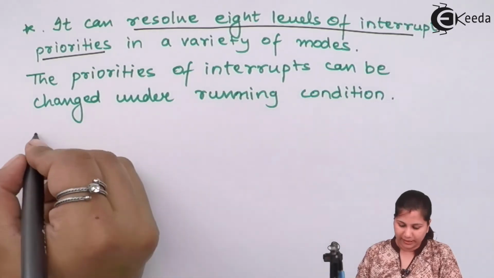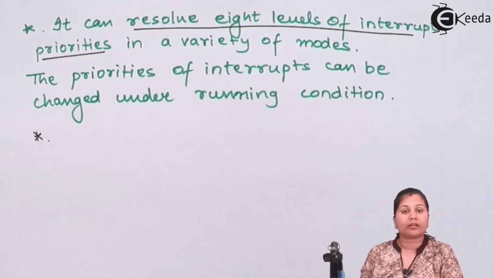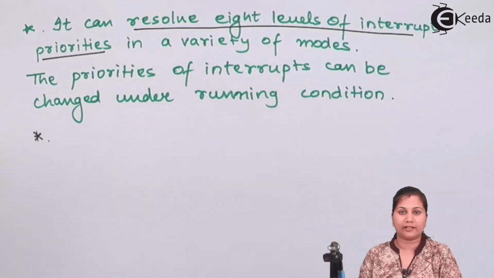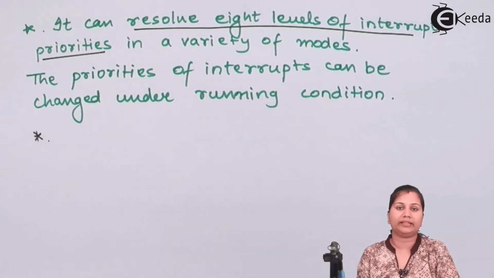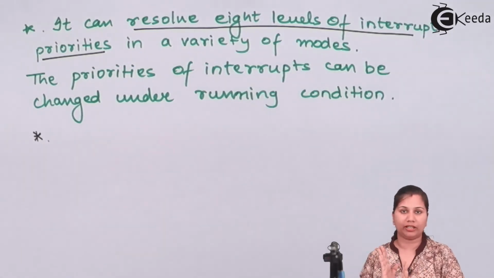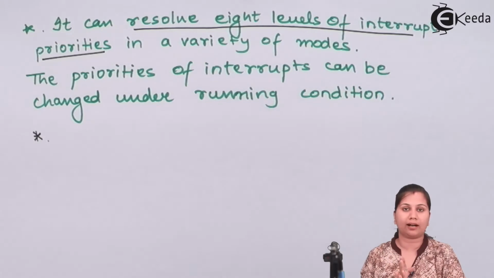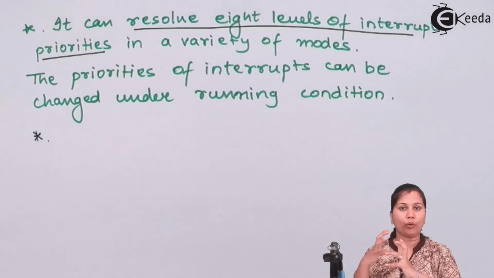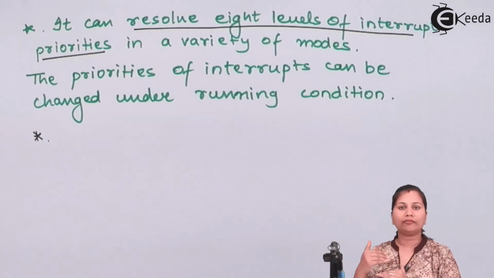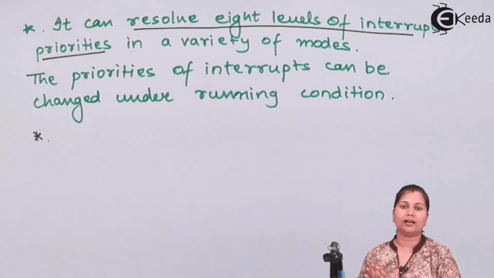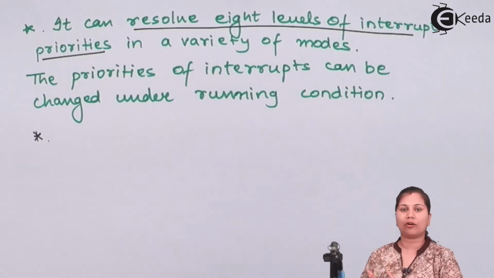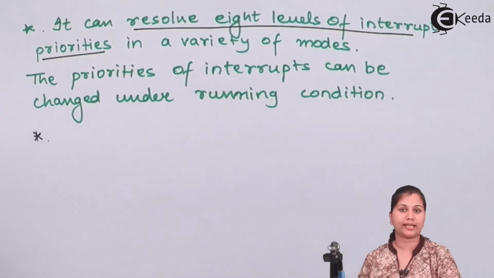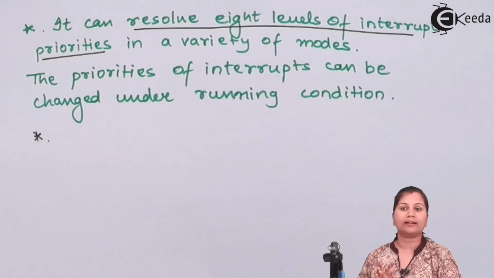Now the next feature is interrupt masking. In case of 8085, we have also studied that the interrupts can be masked. If several interrupts occur simultaneously at the microprocessor interrupt pins, like 4 interrupt requests, one of them can be masked. This masking and unmasking of the interrupts can be done through this 8259 IC also. And this masking of interrupts is done individually.